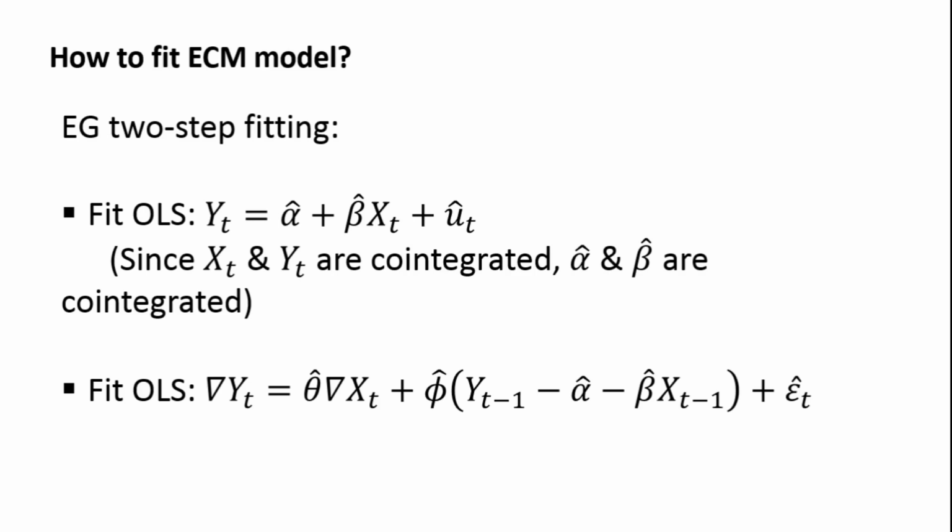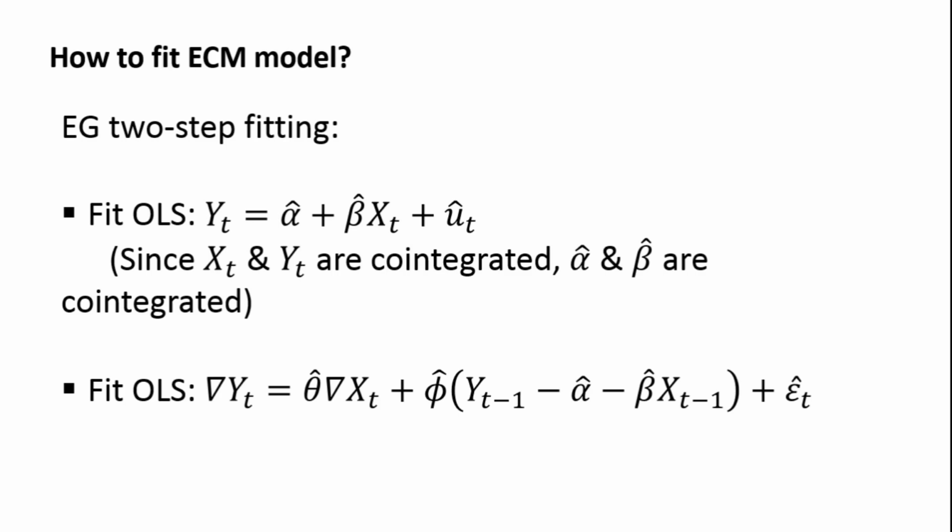So how to fit an error correction model? Engle and Granger have a two-step procedure to fit this kind of model. We first fit an ordinary least squares regression of yt in function of xt.